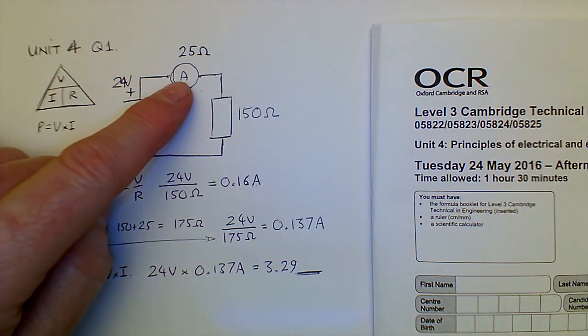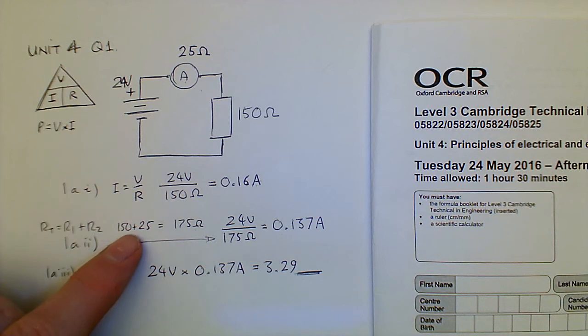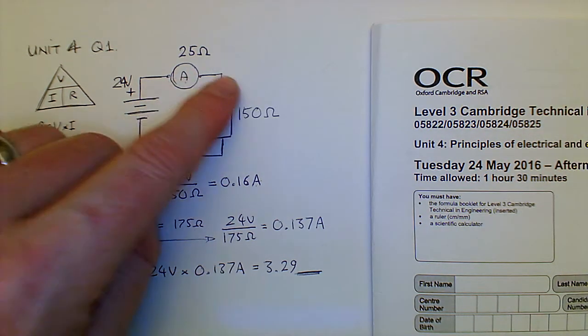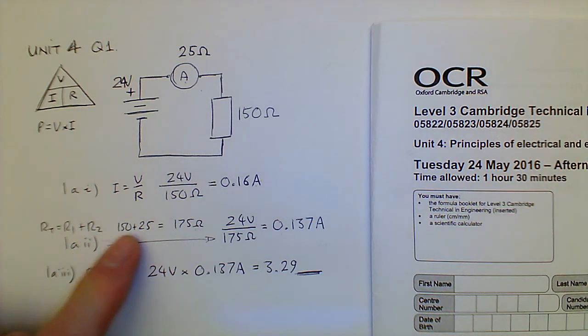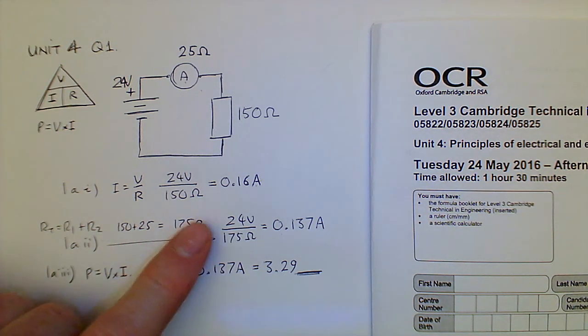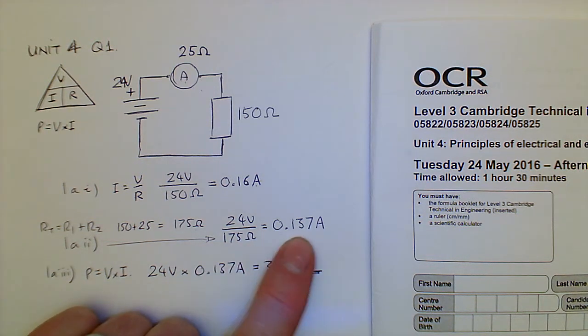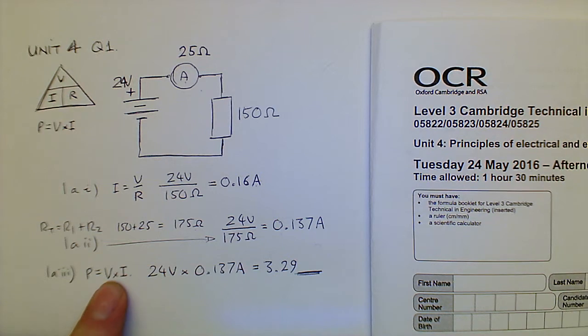We also did a parallel resistor problem, where we added the two resistors together in series to get a total resistance, and then we divided the voltage by the total resistance to give us a more accurate current. Then we calculated power, which was the voltage times the current.